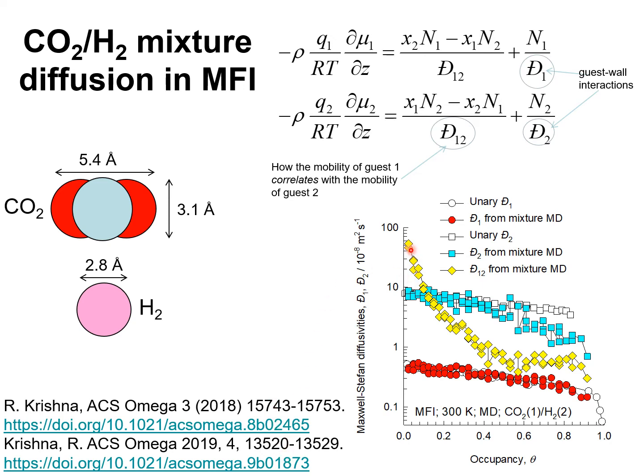Let's have a look at the D12 term. At very low pore occupancies, the magnitude of the D12 term is significantly higher than D1 and D2. In other words, this implies that at very low occupancies, these two terms can be neglected in comparison with the terms that represent guest wall interactions.